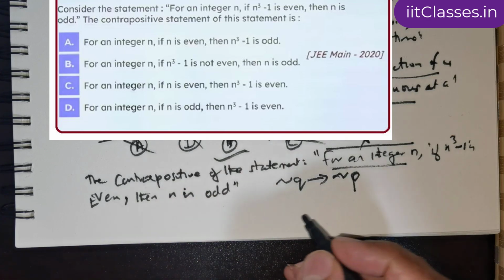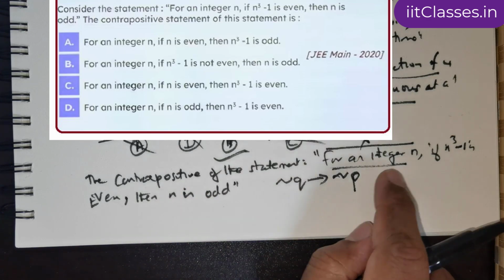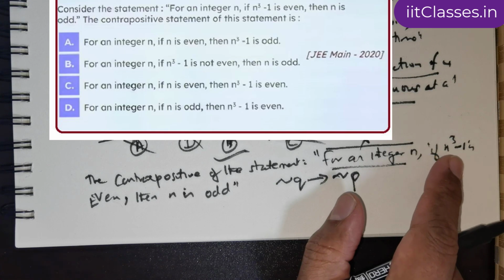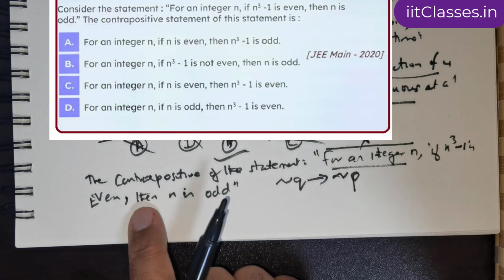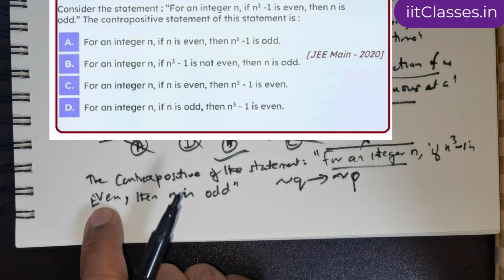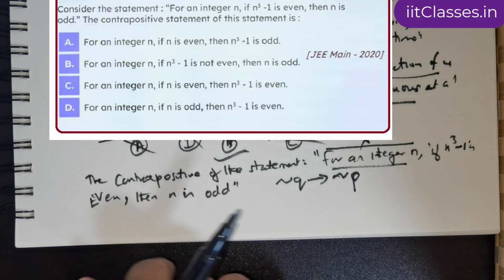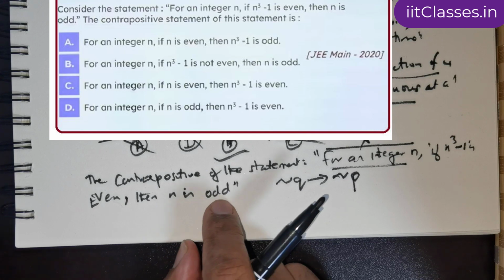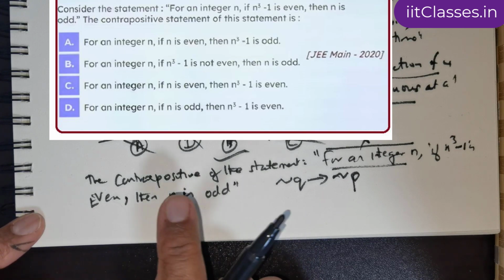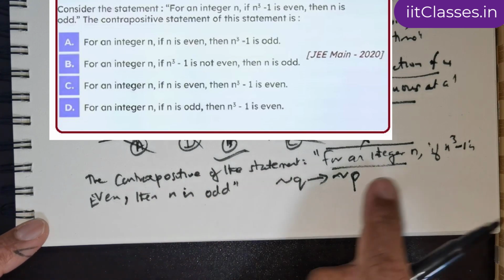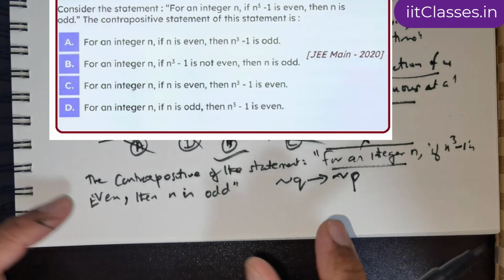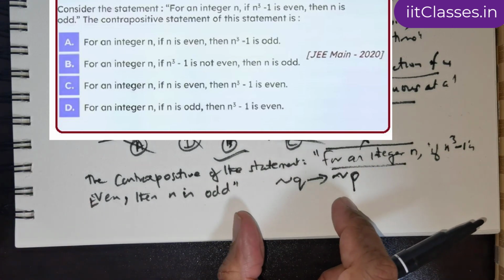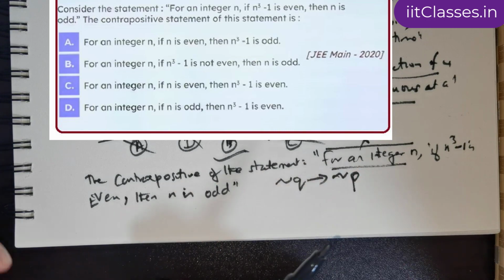It is going to be even. So the negation of n cubed minus 1, the P part here, is given to be even. So what's the negation of that quantity? Even is going to be odd. So the statement would be something of this fashion. If n is even, n cubed minus 1 is odd. We are looking at that to be the contrapositive for this given statement.